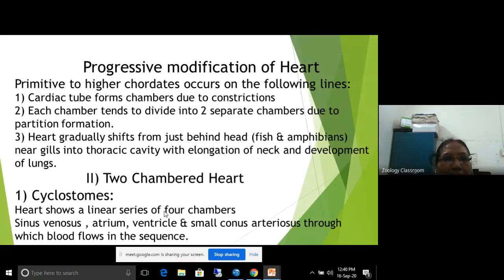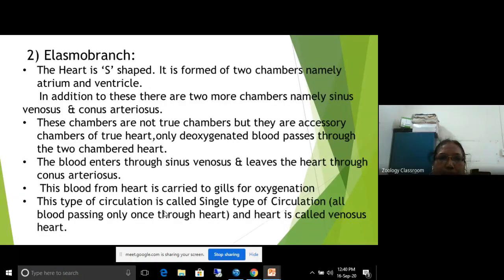Then the two-chambered heart. For example, in Petromyzon and Myxine, the heart is present in a linear, single line. There are the chambers sinus venosus, auricle, ventricle, and also a small conus arteriosus, and blood flows through this sequence: sinus venosus to auricle, auricle to ventricle, ventricle to conus arteriosus.